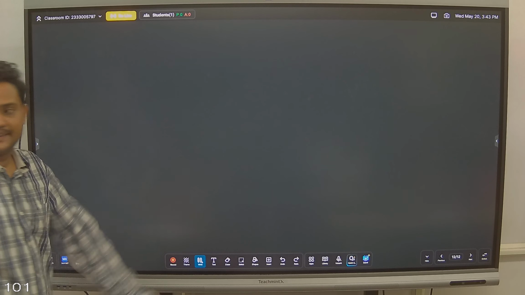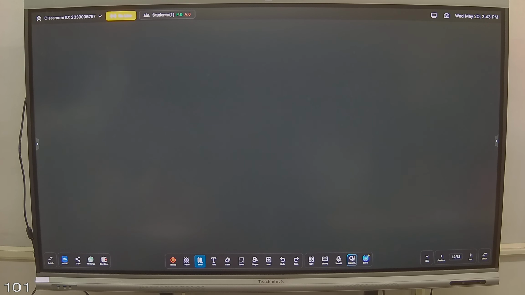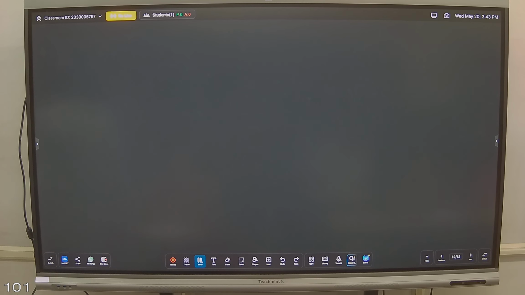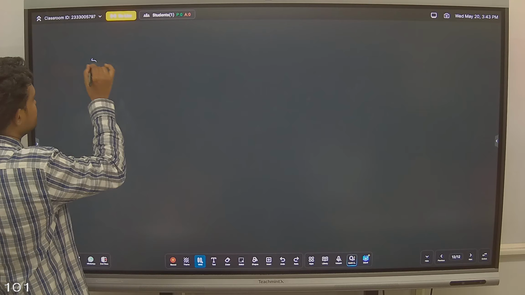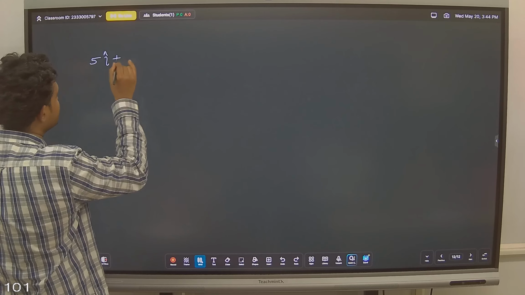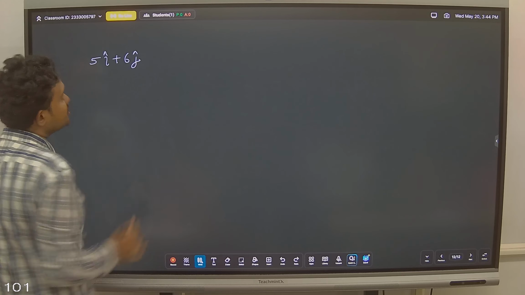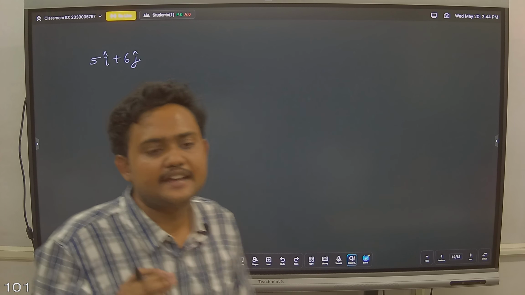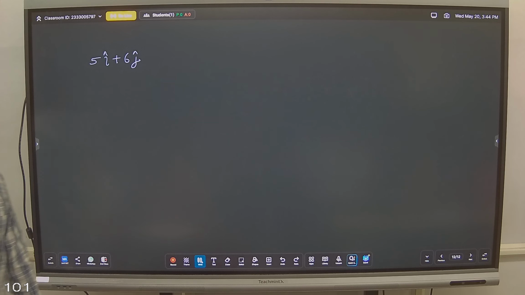So give me a vector in just the xy plane. 5i plus 6j. All right. So this can be split into its associated rectangular components.